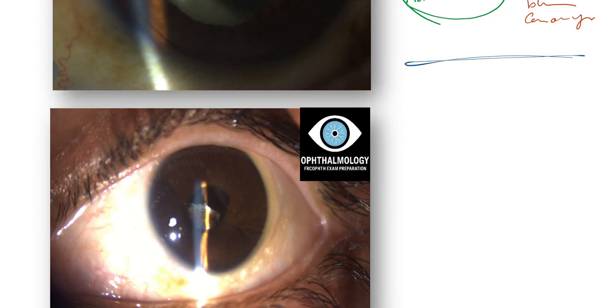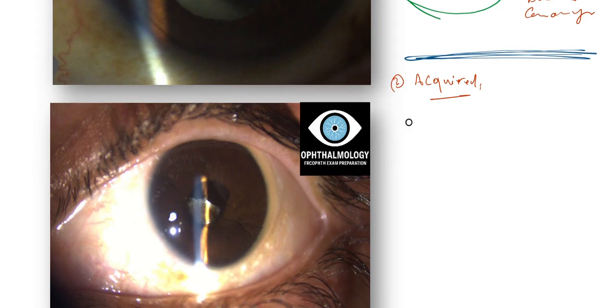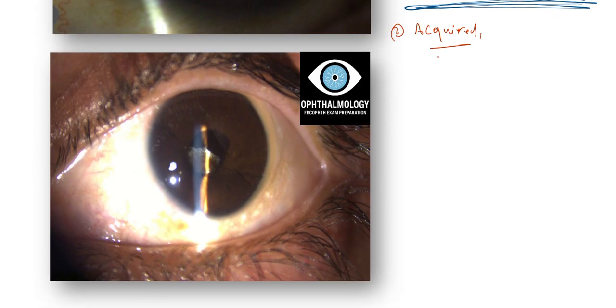So the second form of membranous cataract is acquired. And acquired membranous cataract is usually an end stage, mature or hypermature cataract.